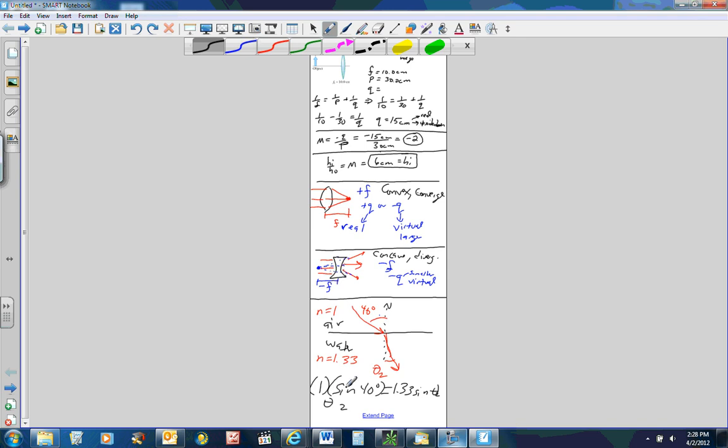That gives me 28.9. So that theta 2 indeed is smaller than 40 degrees, which is what we said. Okay, that's just a general overview of Chapter 14, optics, or actually refraction and lenses.